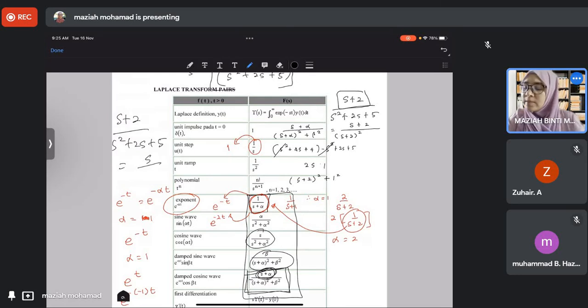S over, actually tak mungkin lah, tak timbul. S square plus alpha square. Meaning you need to determine the value of alpha. Then after you expand it, it becomes similar to s square plus 2s plus 5. Maybe you need to add more functions because we need to manipulate it.